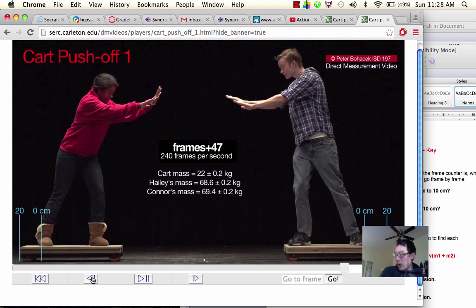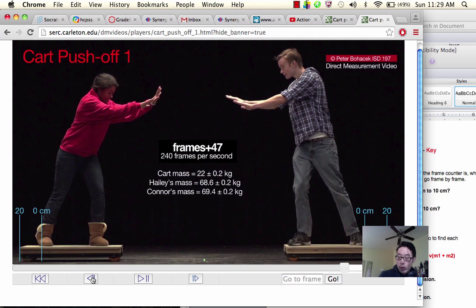If I wanted to do the mathematical computation, I would say that for every 1 second there are 240 frames. I'm going to multiply by 47 frames to get rid of the frames unit in the denominator.